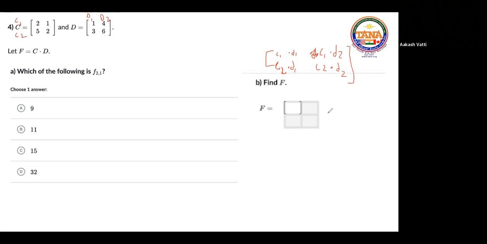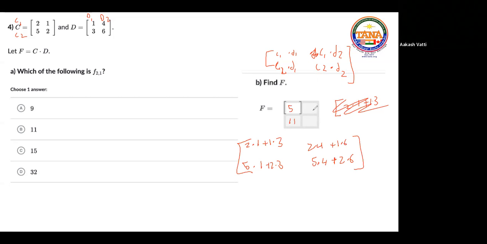When you do that, you get 2 times 1 plus 1 times 3, 5 times 1 plus 2 times 3, 2 times 4 plus 1 times 6, 5 times 4 plus 2 times 6. And when you do all of the addition and multiplication, you get 5, 11, 14, 32. It does look like most of you got that answer.